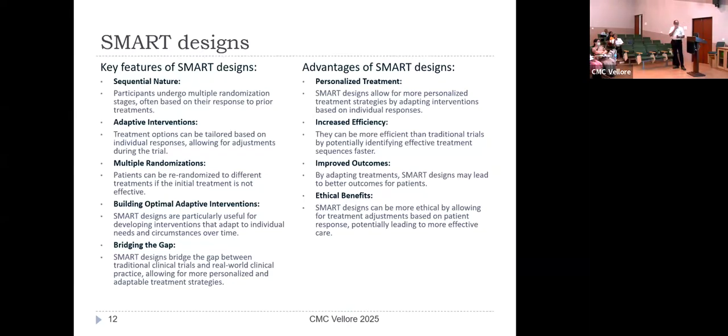And they are trying to, as they say, bridge the gap between the artificial nature of clinical trials and the real nature of treating patients, where you are sort of tweaking things and going back and forth, real world clinical practice. So with personalized treatment, maybe you're more efficient, I don't know. And the patients certainly should benefit from it.